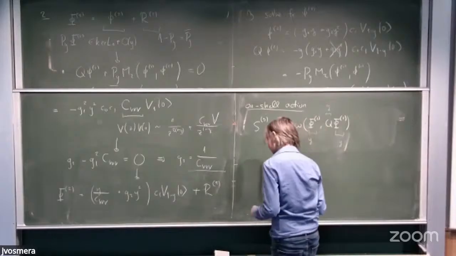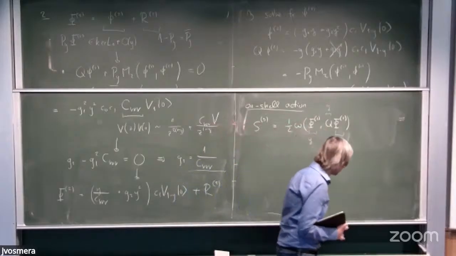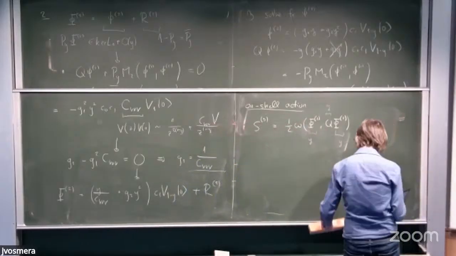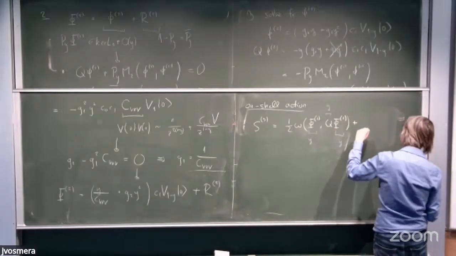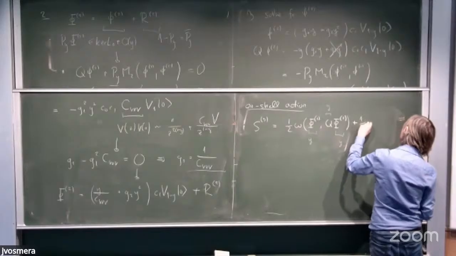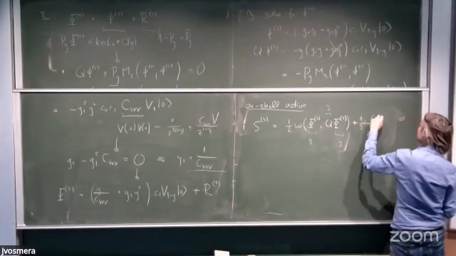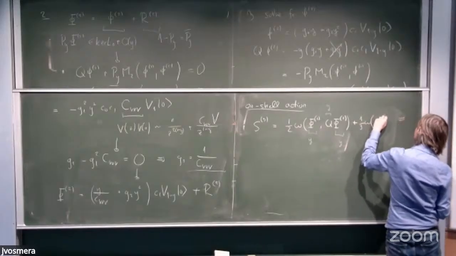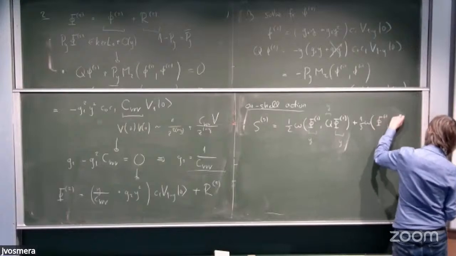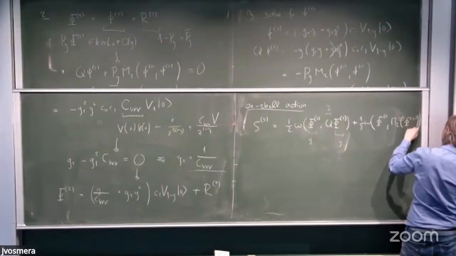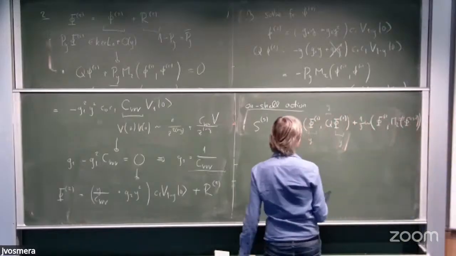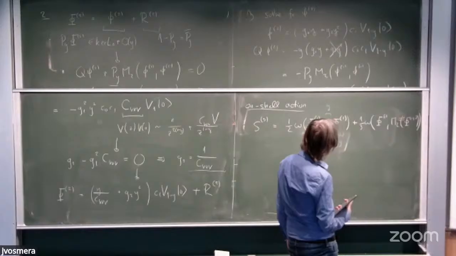So that at the same time tells us that in order to get the correct answer, we also need to consider the cubic coupling. Right, so that will also be of order y cubed.